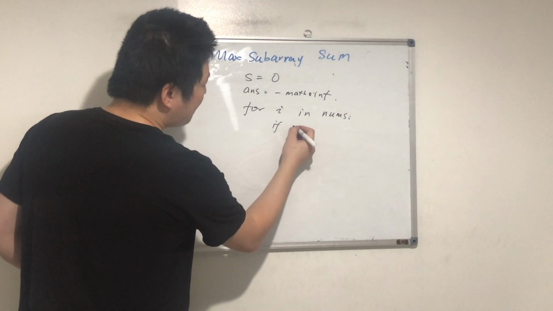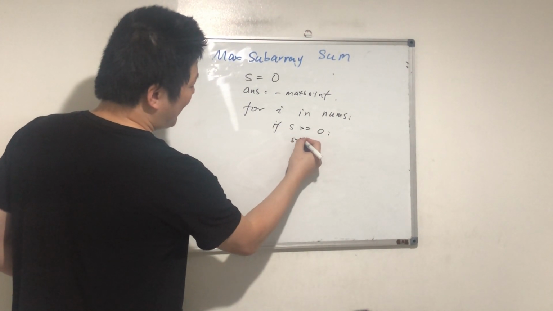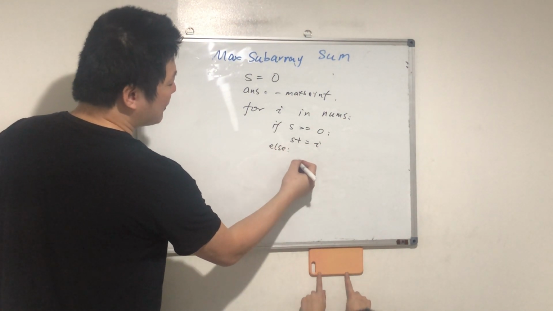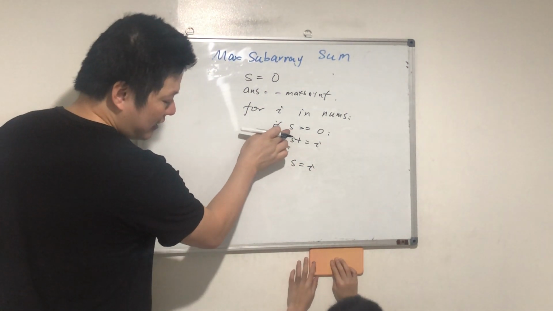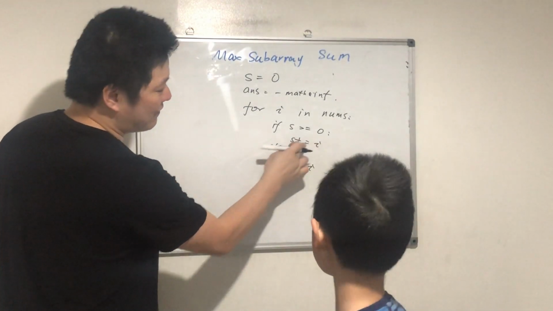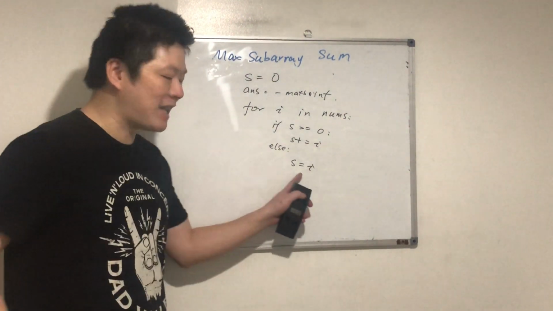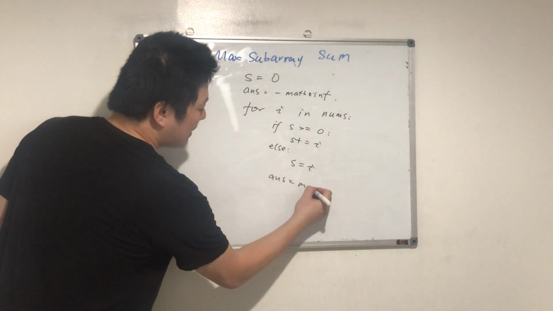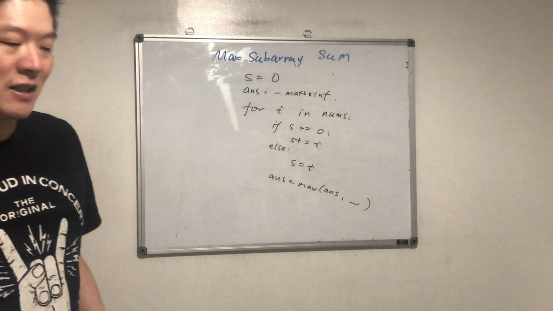If S is bigger than or equal to 0, then I will add the next number. Otherwise, I prefer to start with the next number. And then here, answer equals max of answer and S.